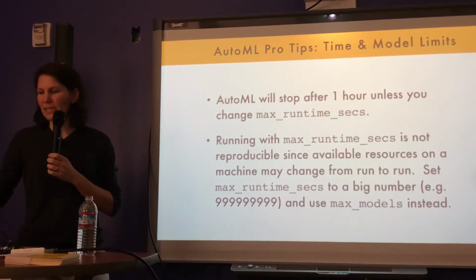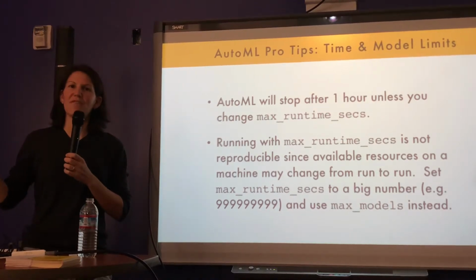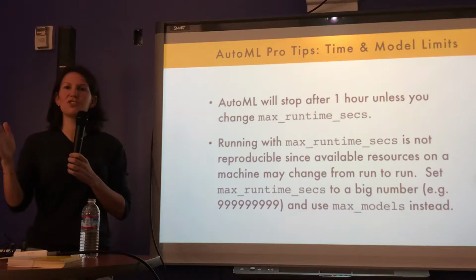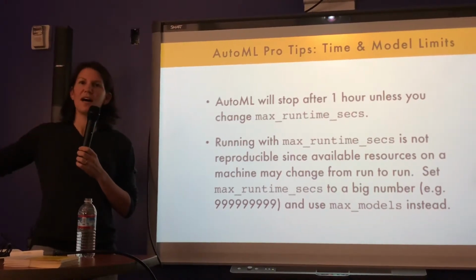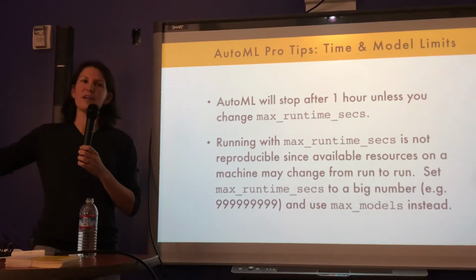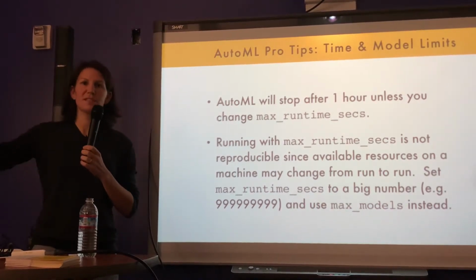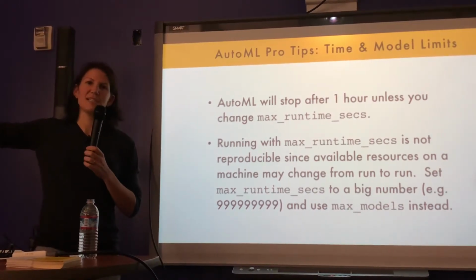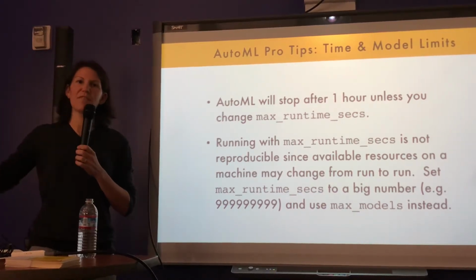But if you use the max models parameter to say I only train 10 models or 30 models, and you don't change that 1 hour limit, it'll stop the first time it hits one of those two things. So if you said I want it to train 100 models, but maybe that takes 2 hours, and you don't change max runtime, it'll still stop after an hour.